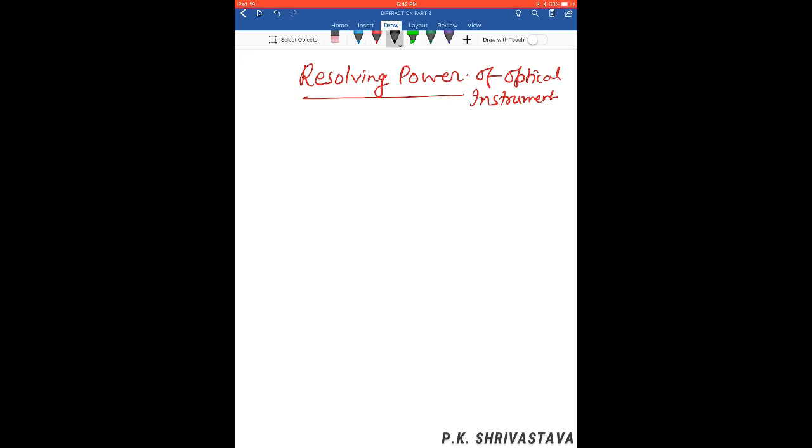According to ray optics, if the object is a point object, then the image formed by a lens is also a point. If object is a point object, then a convex lens forms its image as a point.